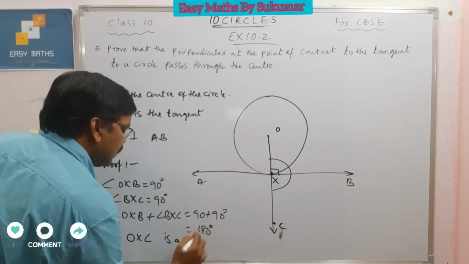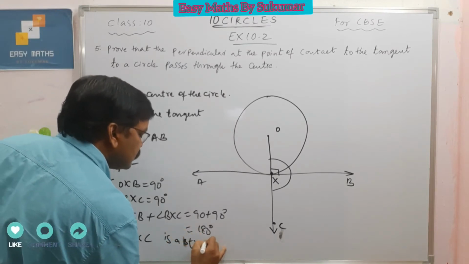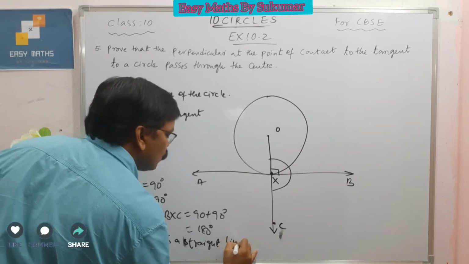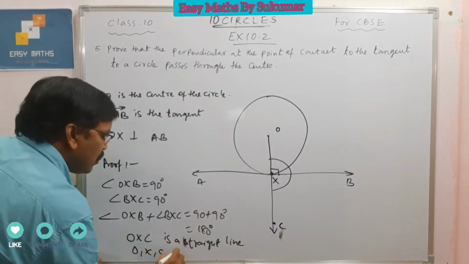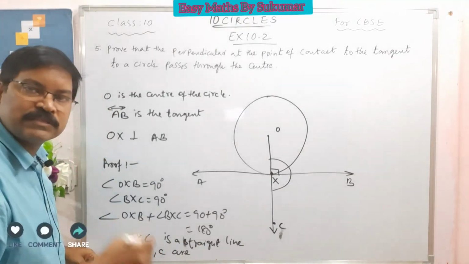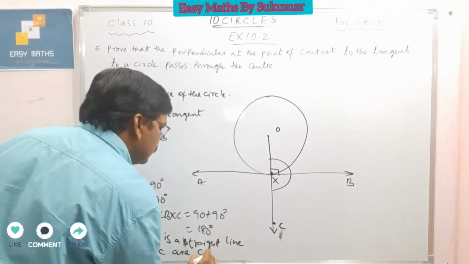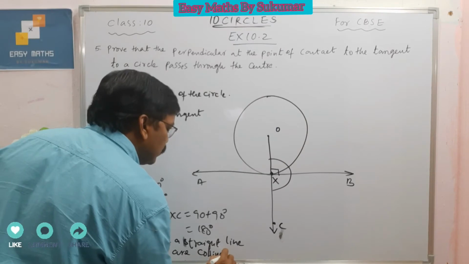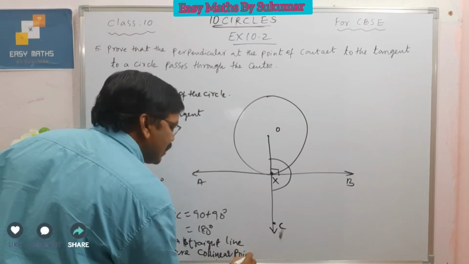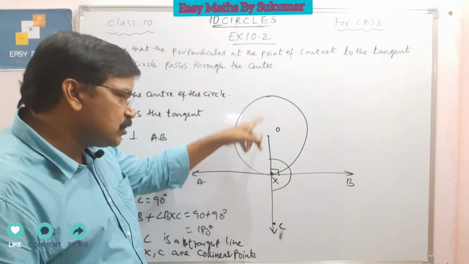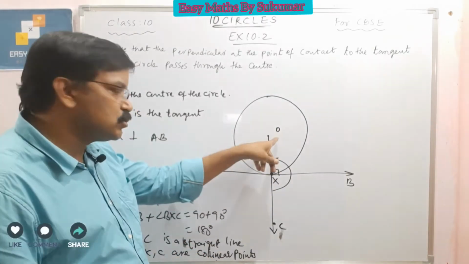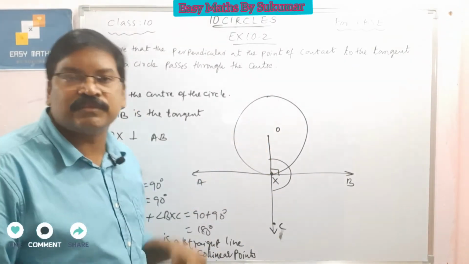Moreover, O, X and C are collinear points. Collinear means the points lie on the same straight line. Therefore, this perpendicular is passing through the center of the circle.